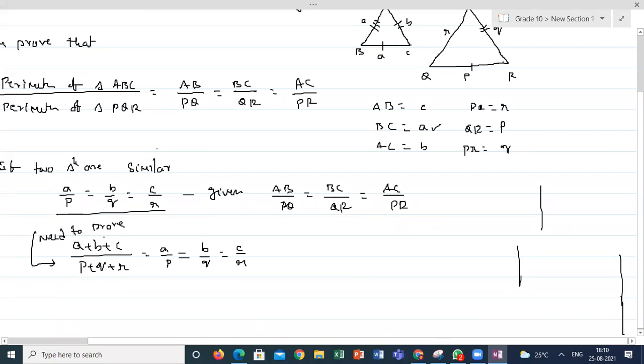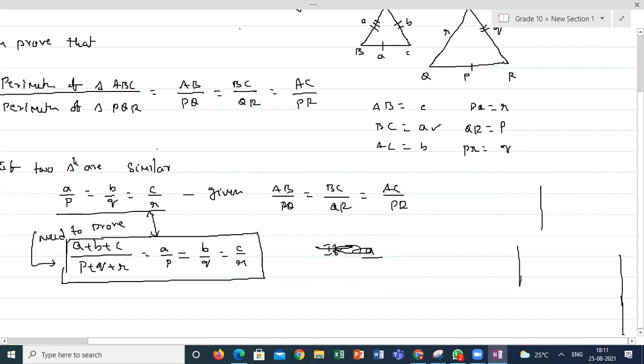What concept will be useful to prove this one? Can anyone recollect any question given in your earlier classes, 8th standard or 9th standard? If A by P is equal to B by Q is equal to C by R, prove that A plus B plus C divided by P plus Q plus R is equal to A by P or B by Q or C by R. Or if you are confused, I can take it like this.